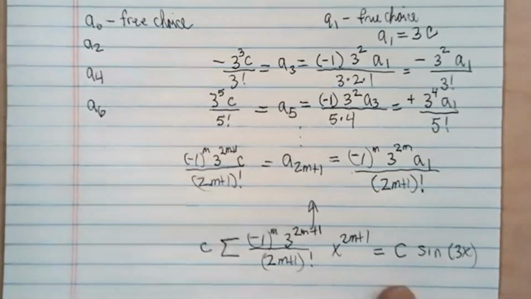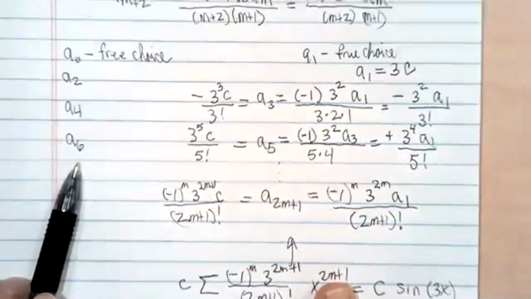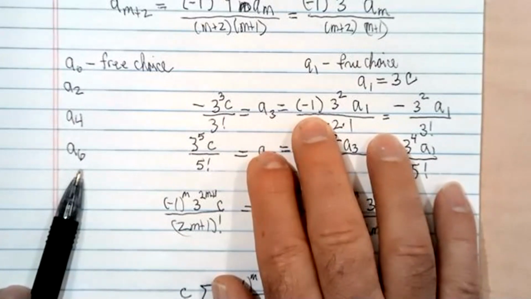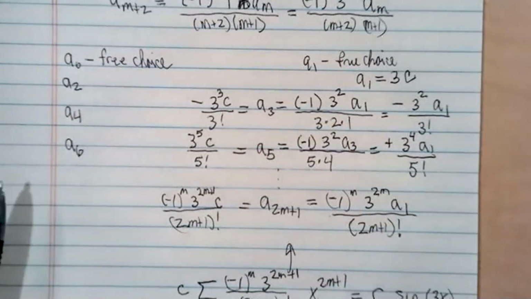Last comment to make on these kind of series is if this same thing happens, but you don't get the minus signs, well, then you're looking at cosh and sinh rather than sine and cosine.